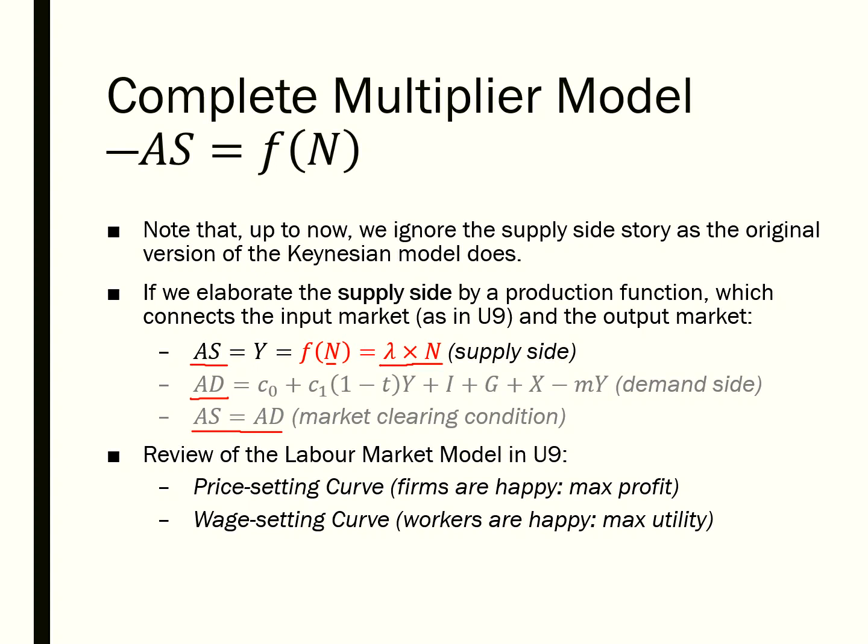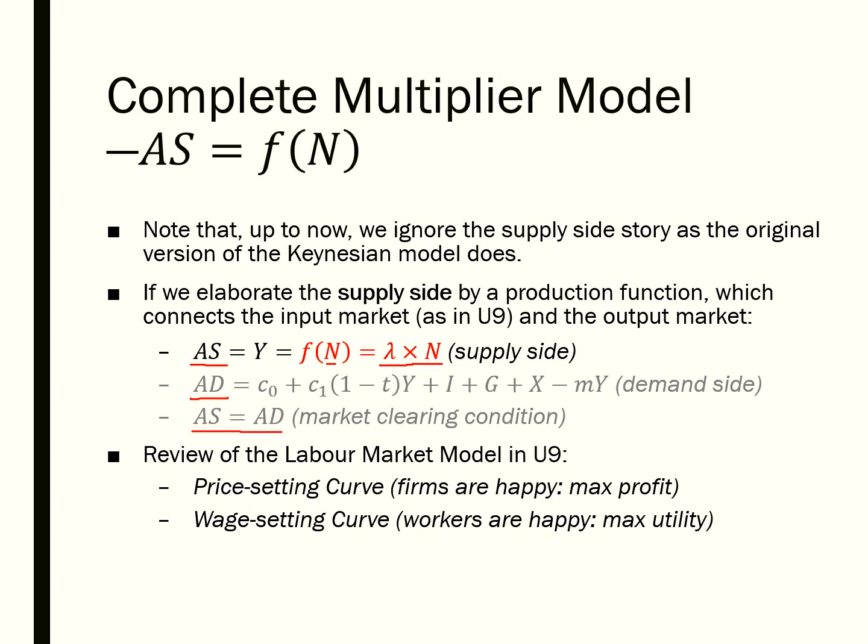Now we will have to review the labor market model in Unit 9 you have learned in the previous semester. Or if you didn't, then you probably want to go through this quickly. In the labor market model, the labor market is an input market model. What we have been doing here, the three equations, are describing the output market.